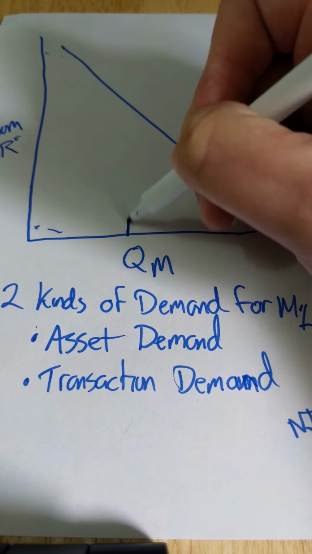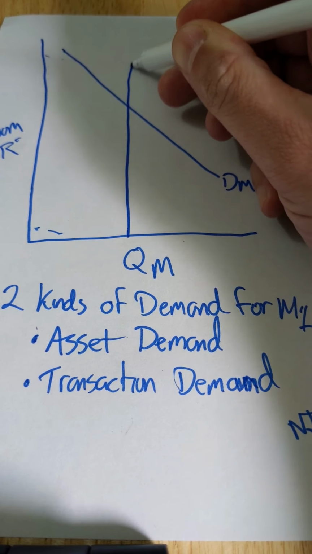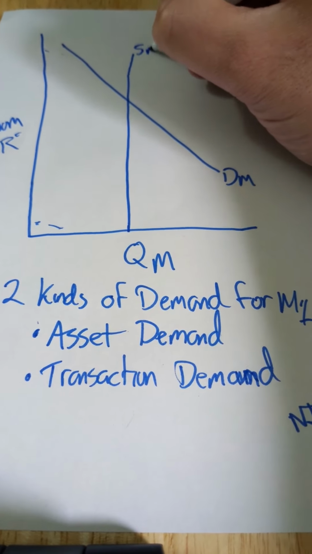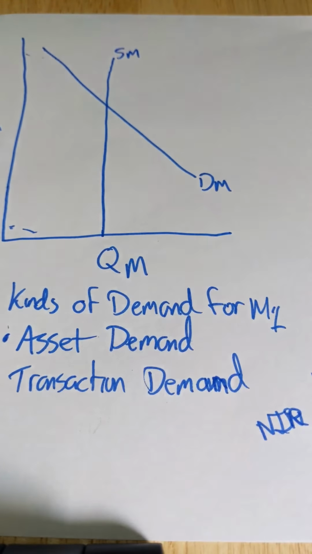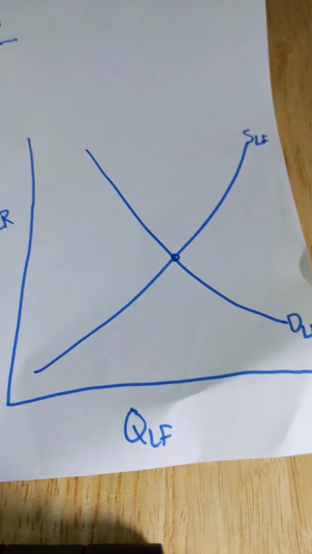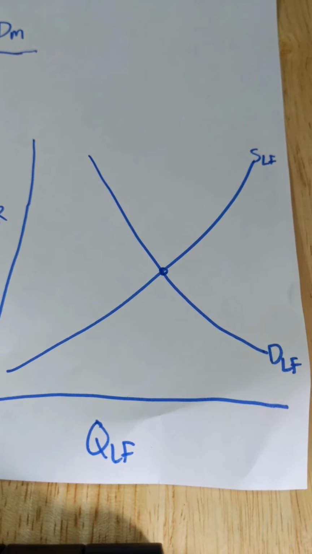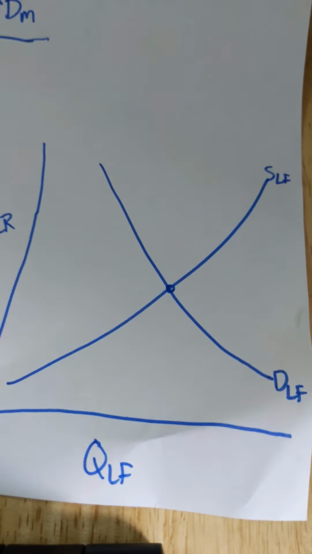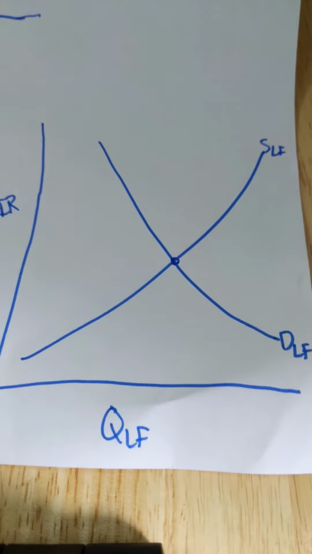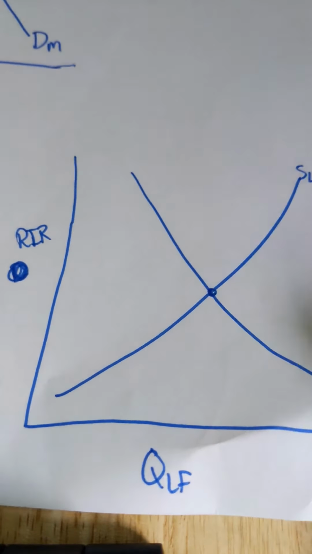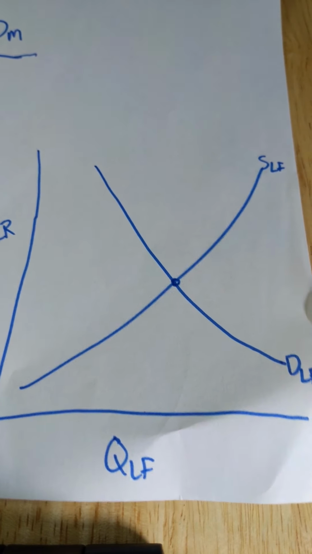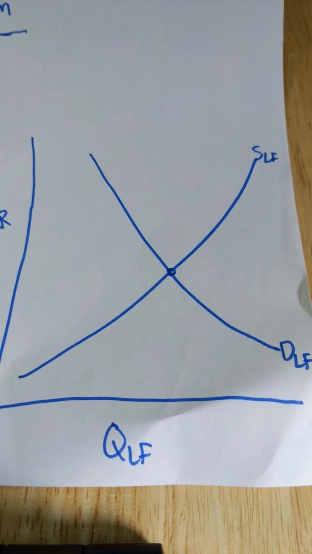The supply of money is a vertical line. And the reason why it's different, more importantly, from the loanable funds graph, where the supply of loanable funds is upward sloping, is that loanable funds is only money in banks. Meaning, at higher interest rates, you are going to want to put more money in banks.